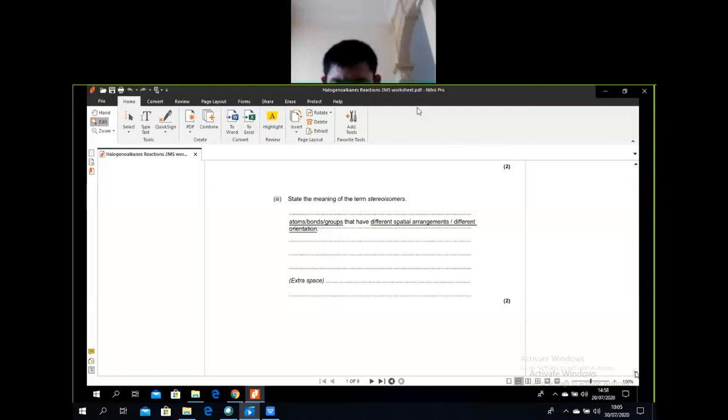If geometrical, it consists of cis and trans. If optical, then there are two enantiomers, one dextro, one levo, one on the right, one on the left, which are mirror images of each other.